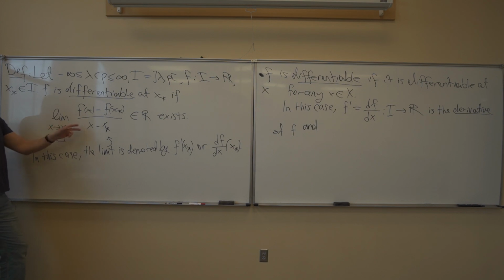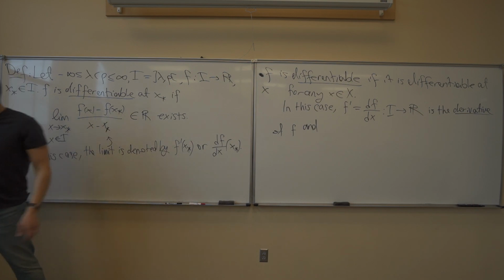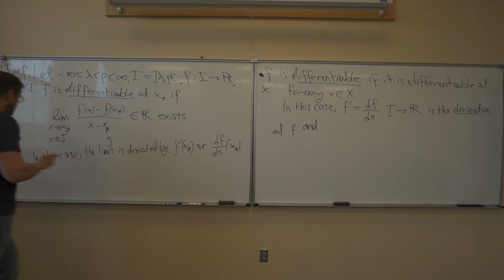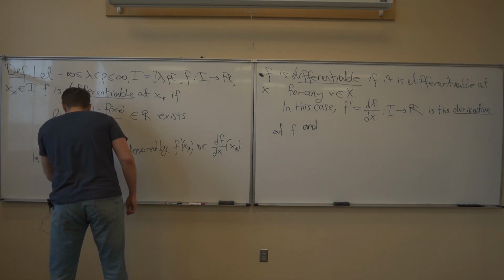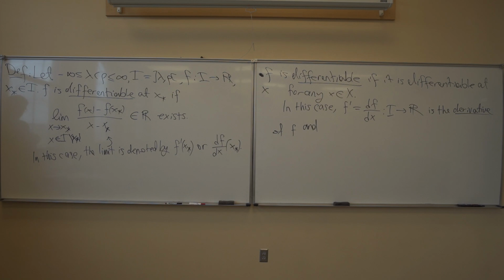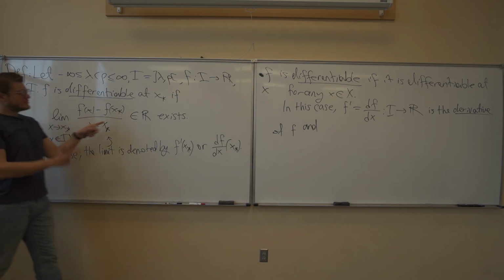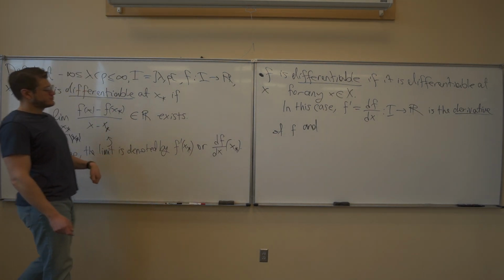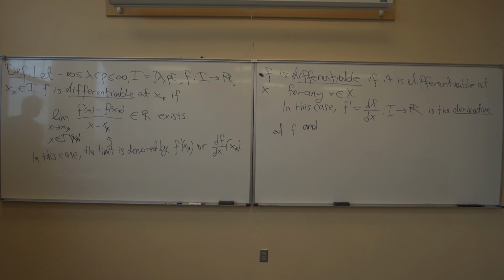Now, this function is not necessarily defined at x equals x star, because the denominator is 0, so it is not defined there. So maybe I should say I take away x star, and I want this limit to exist as a real number. I don't allow it to be infinity or minus infinity.